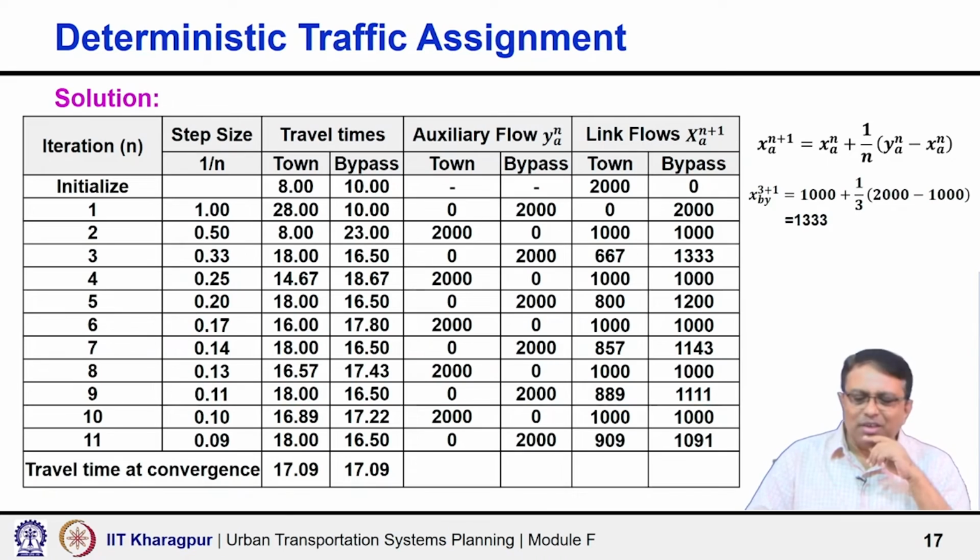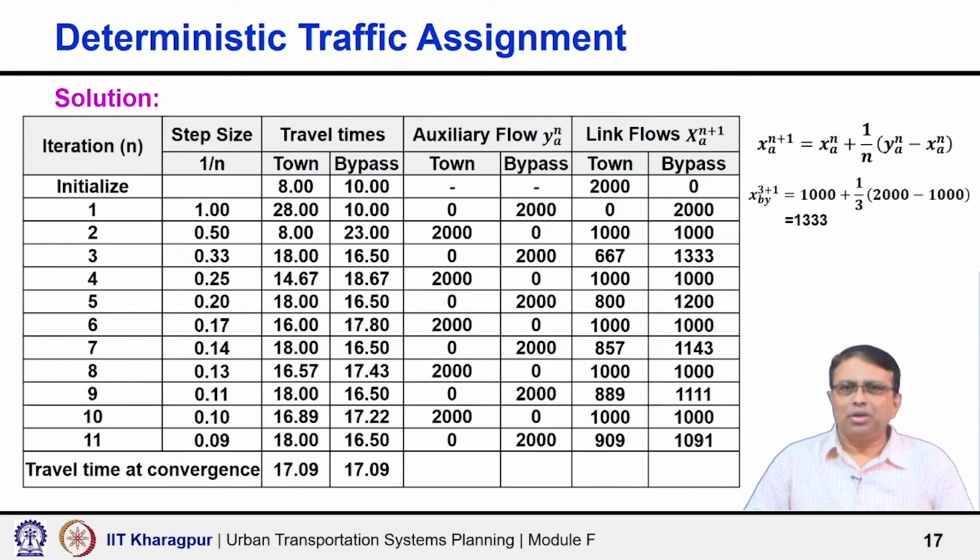Look at this update, that is what is interesting. Our bypass is 2000. I do not make it 0 and 2000 solely based on the auxiliary flow. Incidentally, it comes to 0 and 2000 only, but it is based on that equation. Look at this town flow x_a^n, it was 2000.